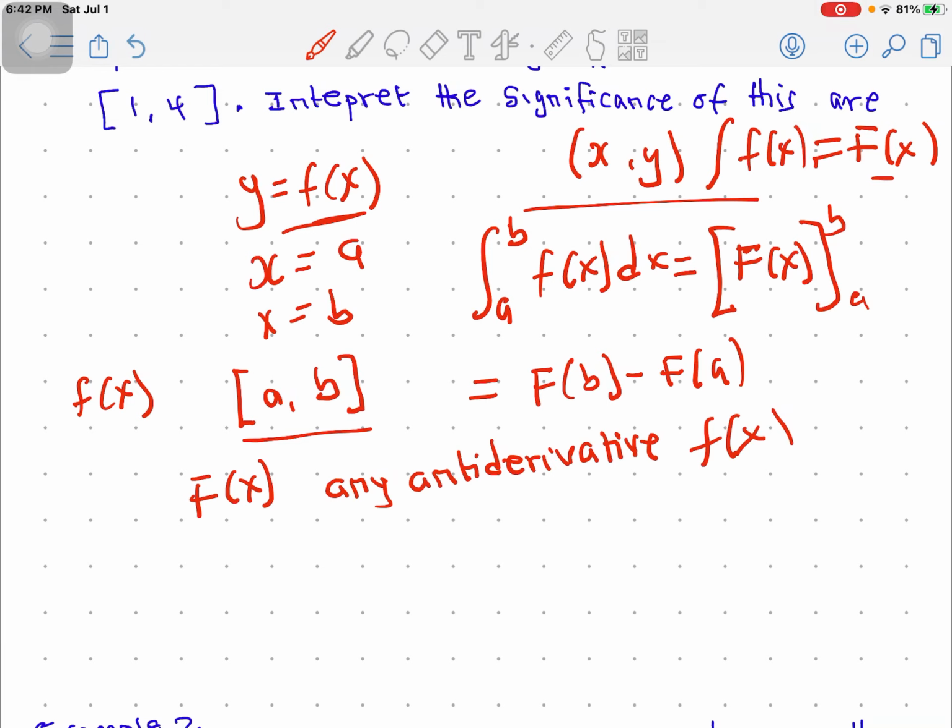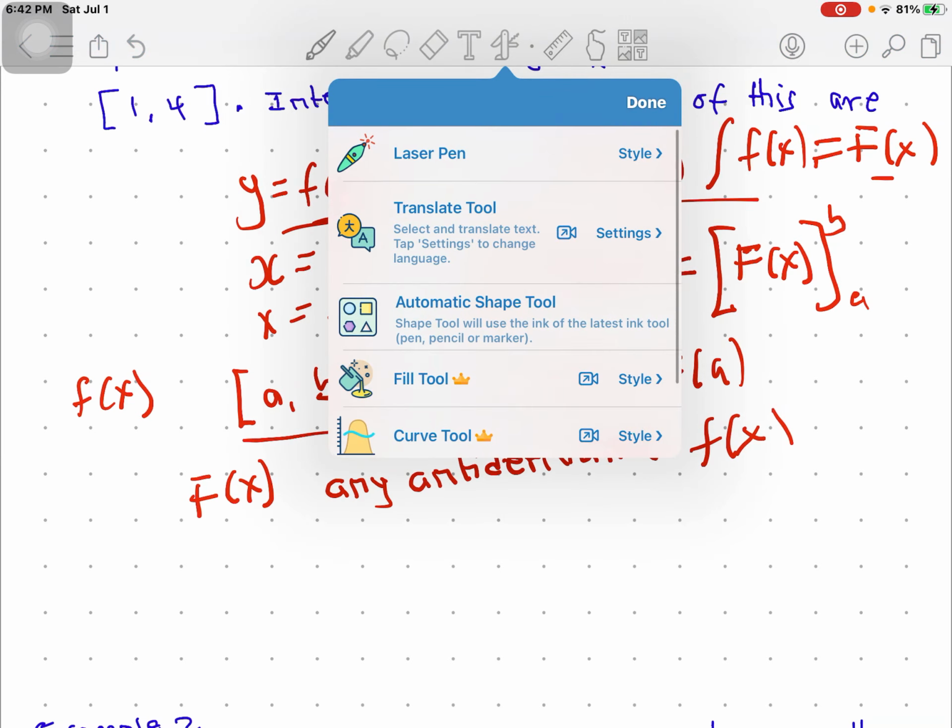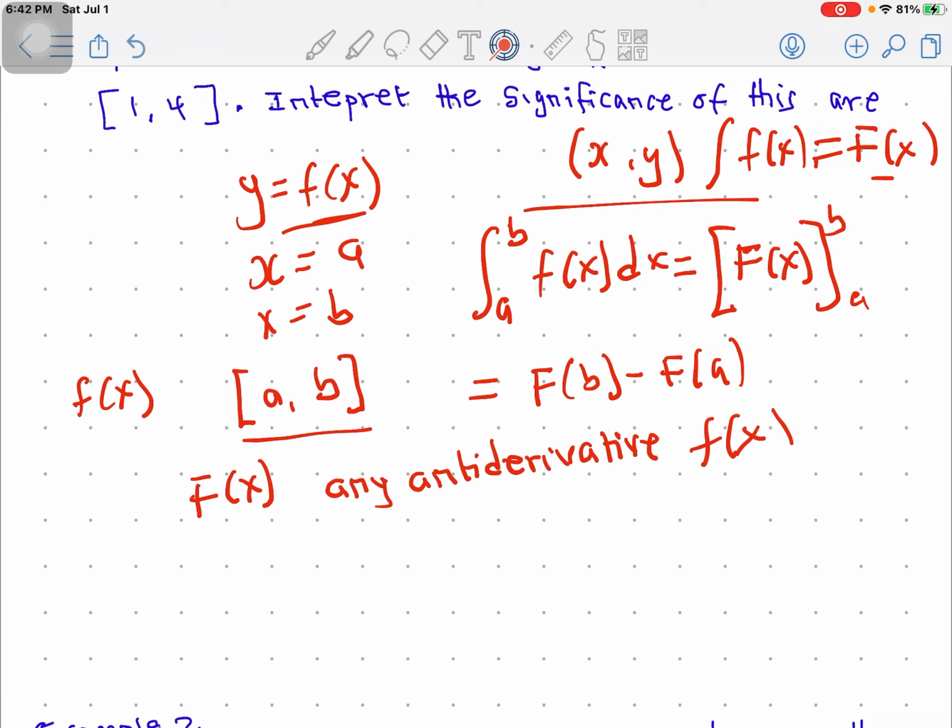So basically, as you can see, this kind of notation over here, the capital F of x with the lower limit a and the upper limit b, is just a shorthand to substitute these values of x, which is x equal to a and x equal to b, into this particular function, which is the integration that we found, and subtract it from its counterpart.